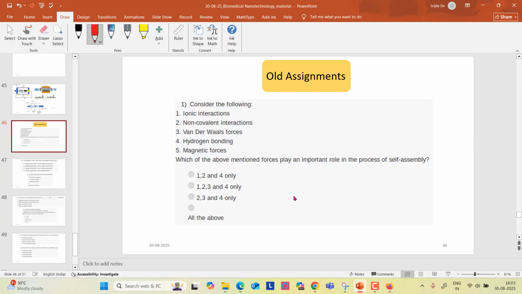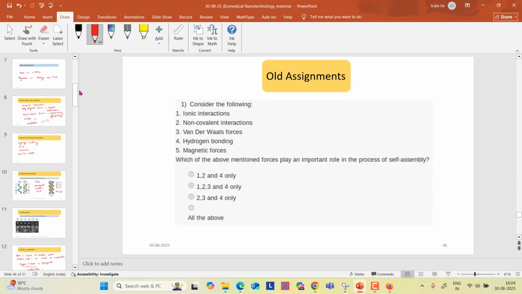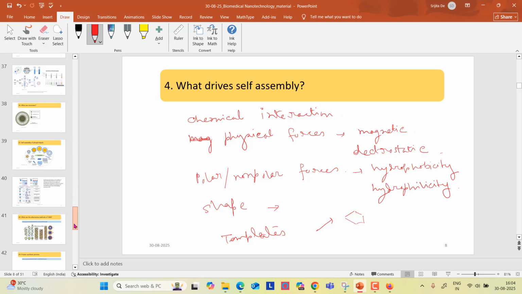Only option 3, 2, 3 and 4. 2 is non-covalent interactions, 3 is van der Waals interactions, 4 is hydrogen bonding. Yes, 2, 3, 4 are there obviously, but it is also the ionic interactions and magnetic forces, because I have shown you what the interactions are. In the physical interactions, there are electrostatic interaction and magnetic interaction, so magnetic forces will also come in this section.